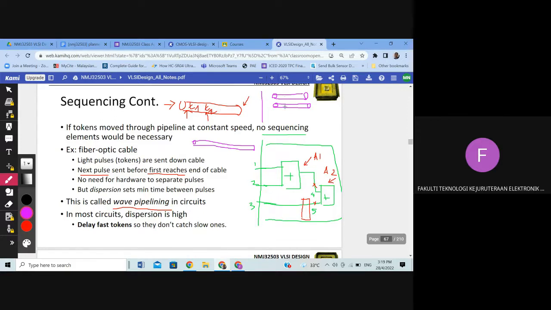But in the case of parallel, we transfer simultaneously. We transfer at this point and at this point simultaneously. So the advantage of pipeline is that we share the same resource, which is the cable. And here we need multiple cables, which is not cost effective and not area effective as well.